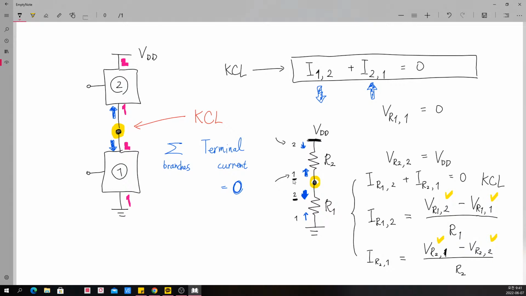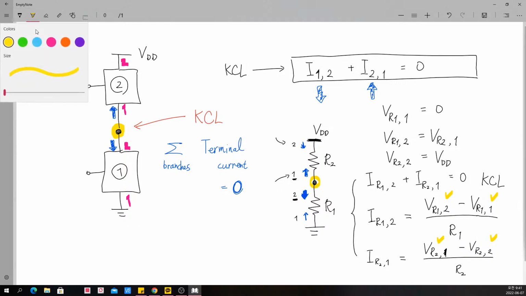But although we don't know the exact value of these two terminal voltages, what we can say certainly is they should be the same. I mean that yes, R1's second terminal voltage should be the same as the second resistor's first terminal. Why do we have this condition?